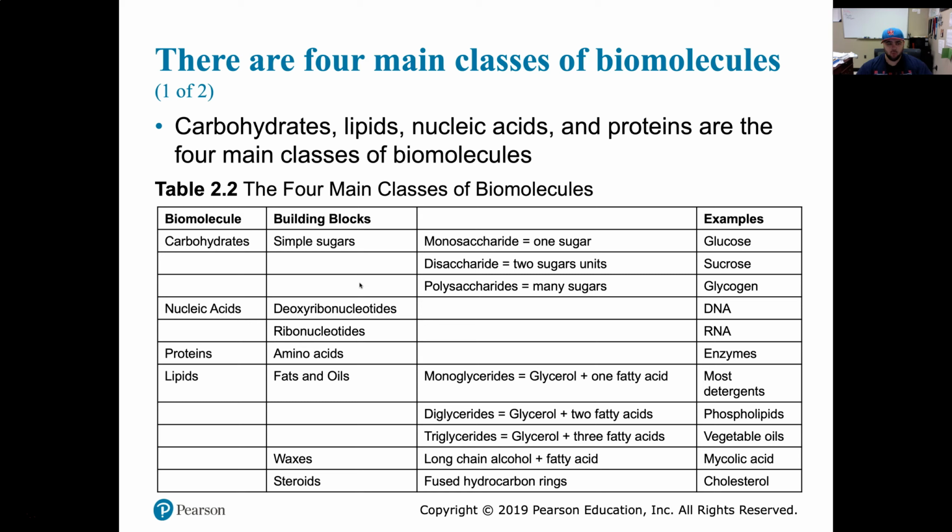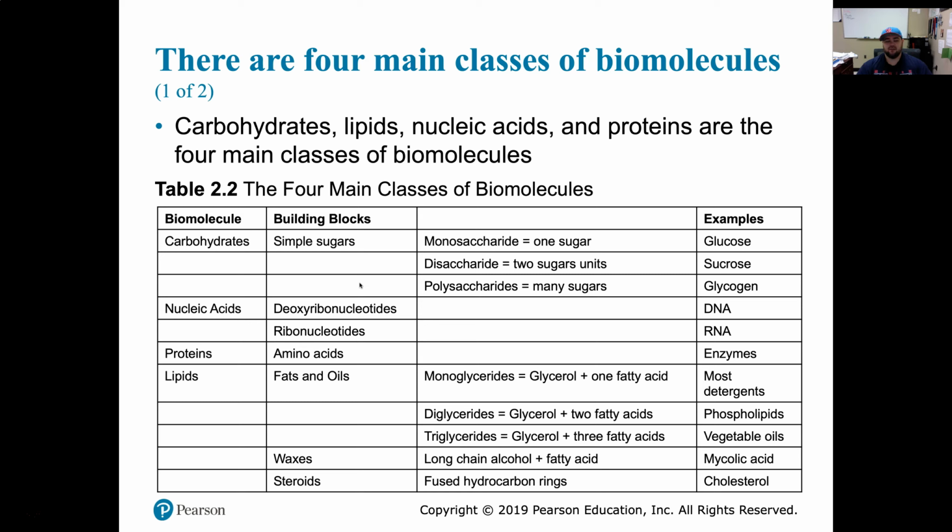Now, when it comes to carbohydrates, the building blocks, the monomers, are simple sugars, meaning monosaccharides or disaccharides. Monosaccharide means 1 sugar. Disaccharide means 2 sugars. So the building blocks are monosaccharides or disaccharides. It's a simple sugar.